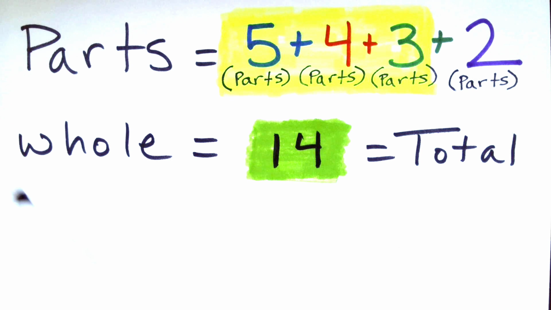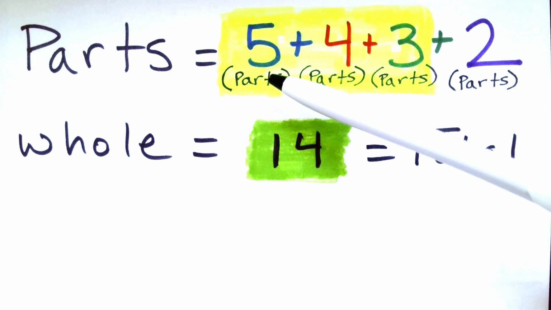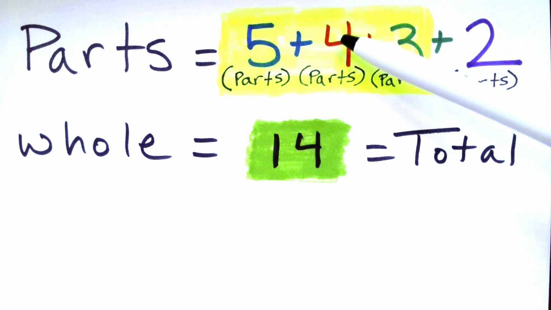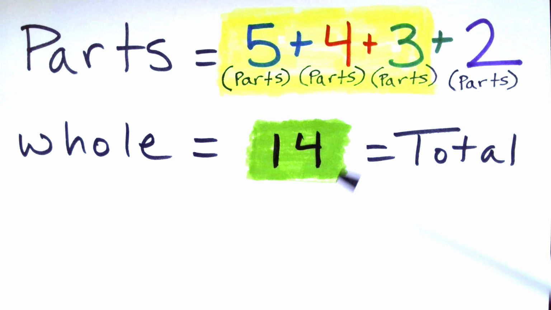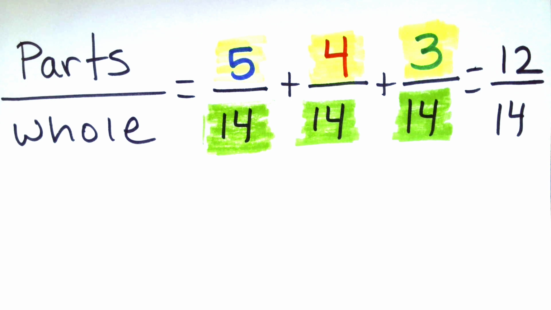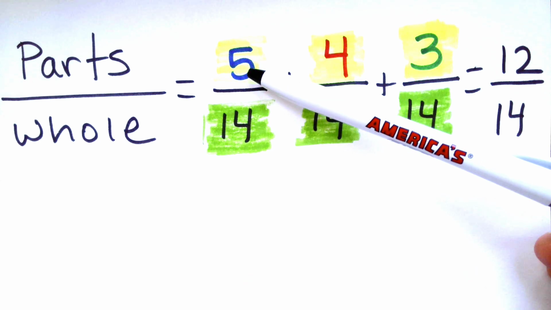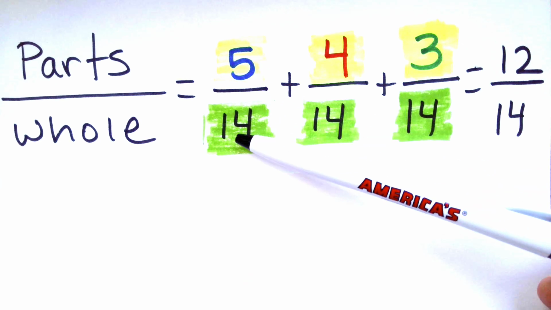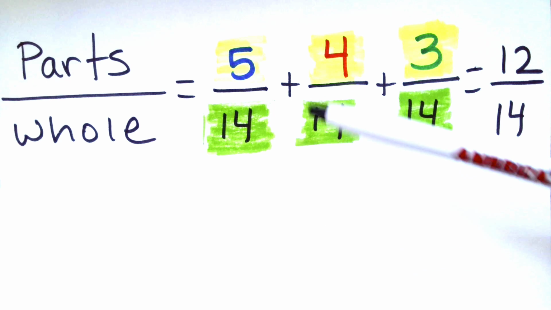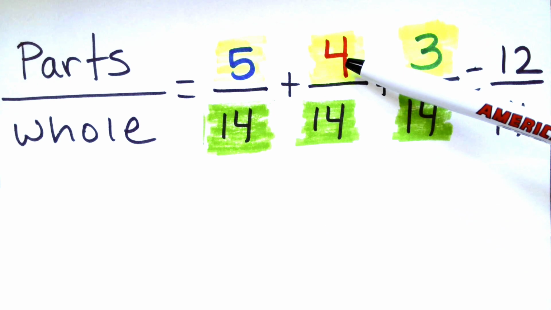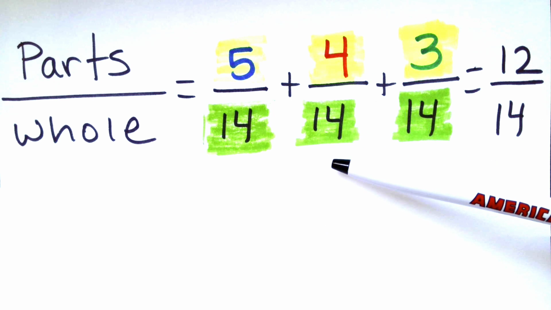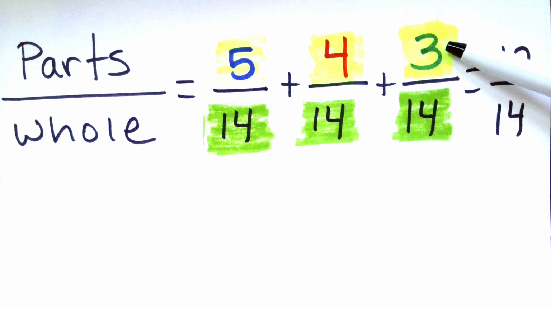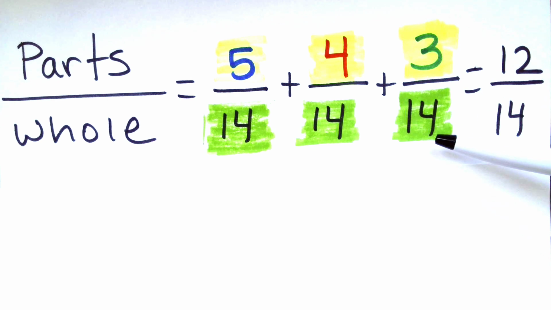That's the total. So we're going to have 5 over 14 plus 4 over 14 plus 3 over 14 in order to get our answer. All right, so as you can see here, we have 5 out of 14 blue coins plus 4 red out of 14 total coins plus 3 green coins out of a total of 14.